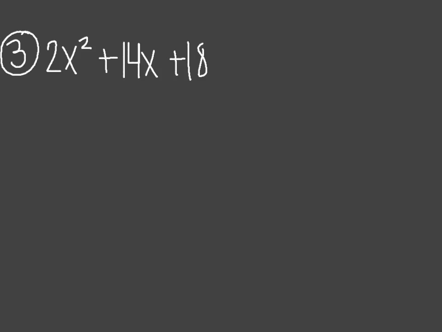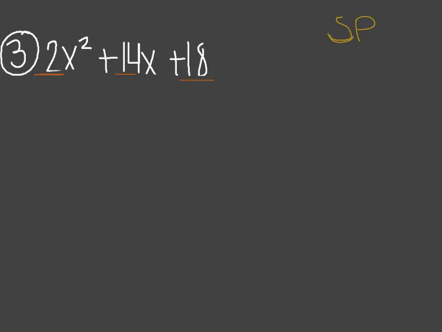Now let's look at this one. I have 1, 2, 3 terms. If I have 3 terms, I know that I'm eventually going to need to do sum and product. This being said though, I notice that this first term is not a 1. So I need to find the factors of 2, 14, and 18.